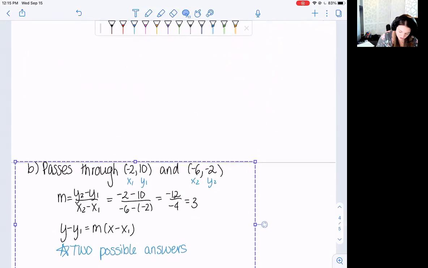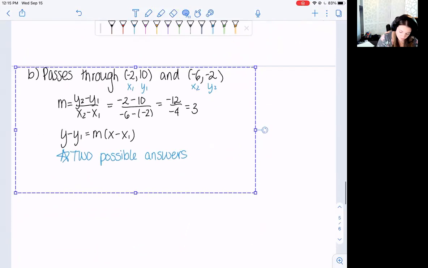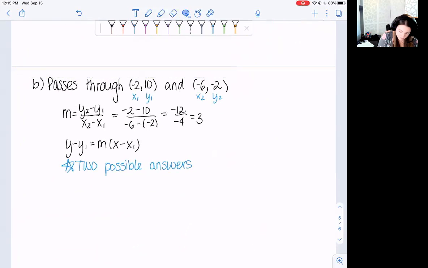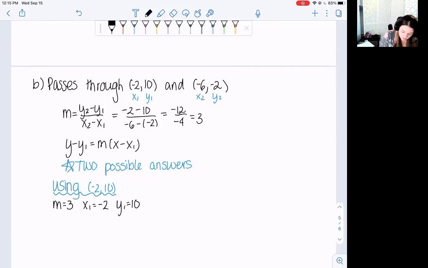I'm just going to pull these down to the next page. So we could use the first point, negative 2, 10. If we did that, we know m is 3, then x1 would be negative 2, and y1 would be 10.